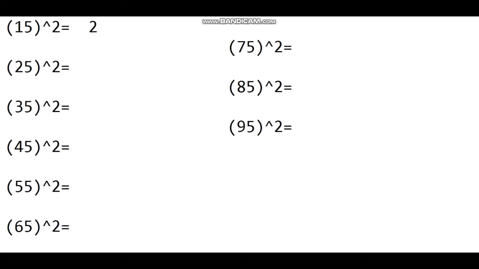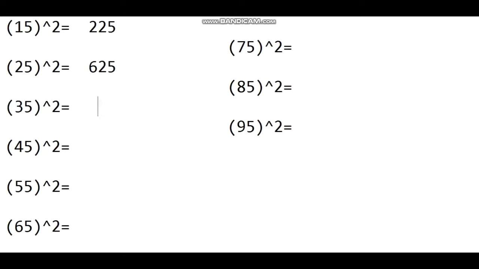It's 25, and now multiply the first digit by its next number. Similarly from here, write the square of 5, that is 25, and now multiply 2 by its next number, that is 3, so it becomes 625.